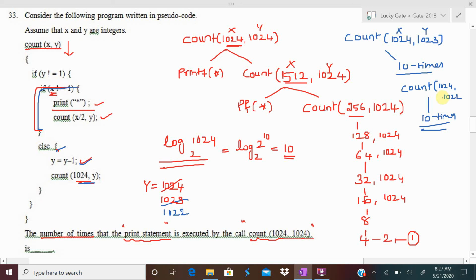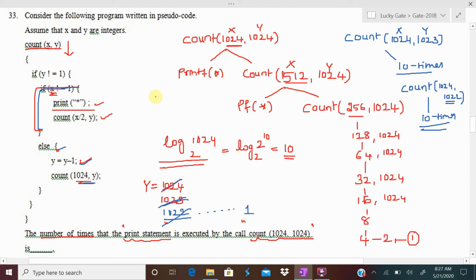So how long is it going to repeat? Until this y, which is reducing by 1 after the false part, 1024, 1023, 1022, like this, until it becomes 1.